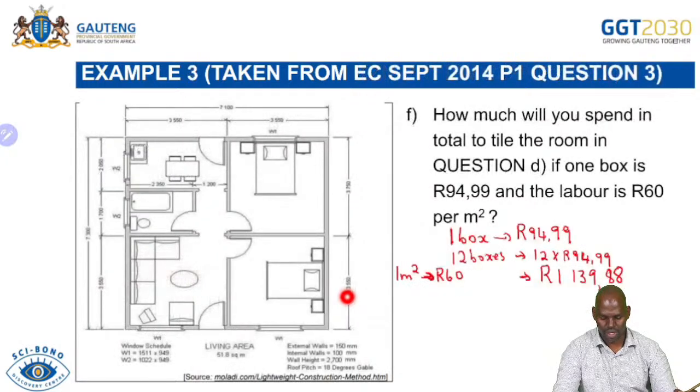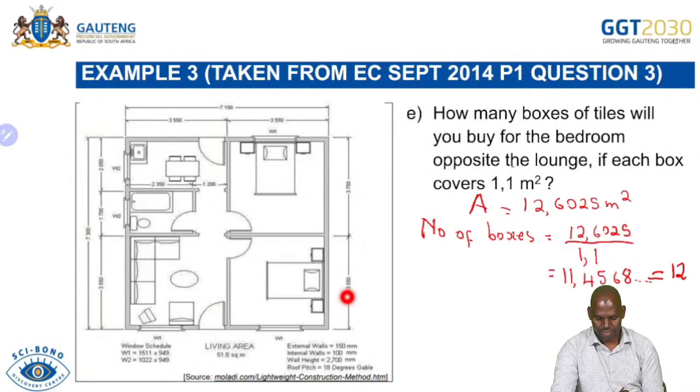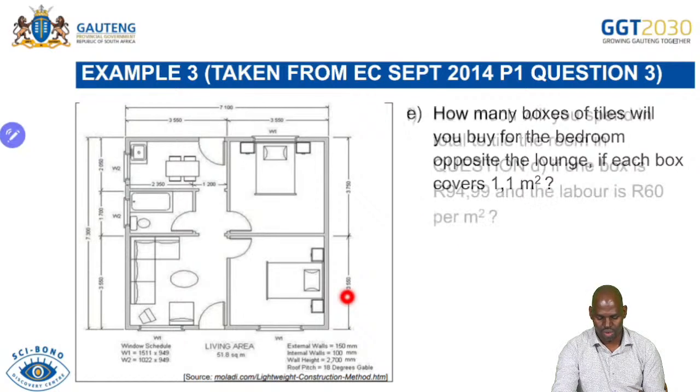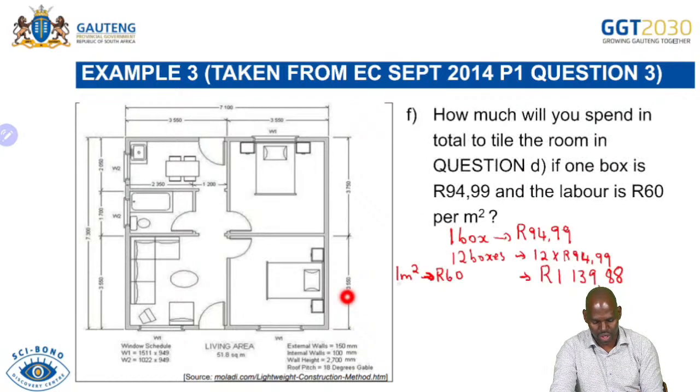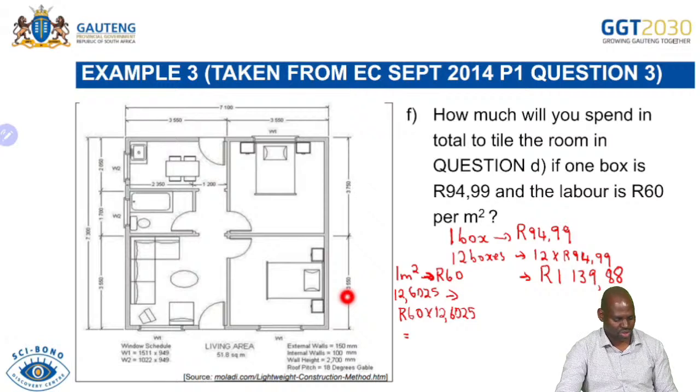If I take you back, we said the area is 12.6025. So 12.6025 square meters will cost 60 rand multiplied by 12.6025. This will be the cost of labor.